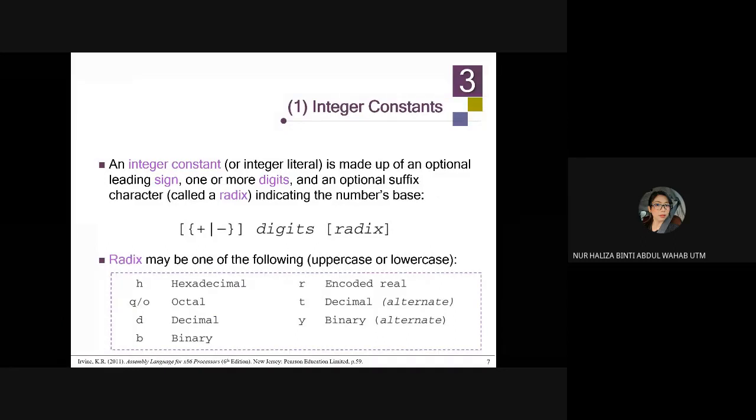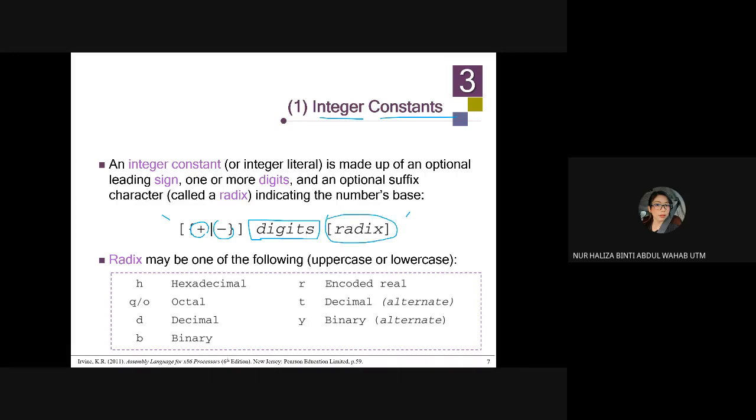Okay, you have the integer constant. This is the standard for you to use an integer constant. You will have plus, minus, and your digits: one, two, three until maybe infinity, and your radix, the base of your numbering system.